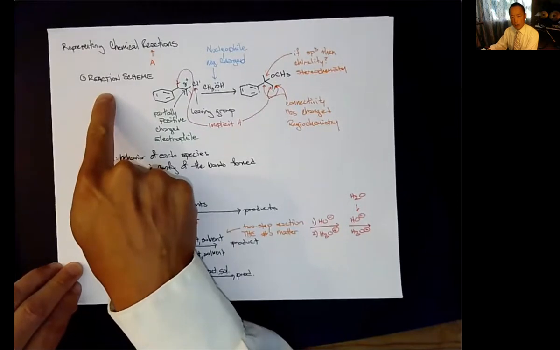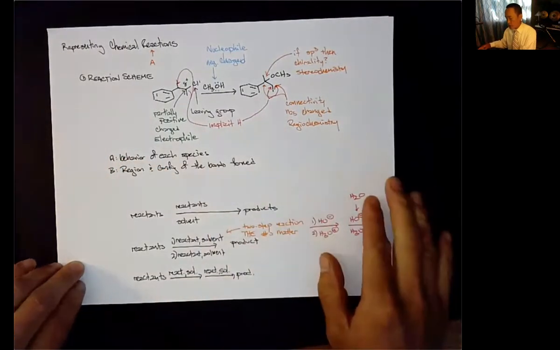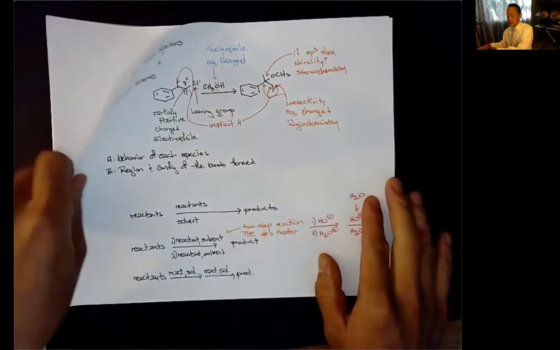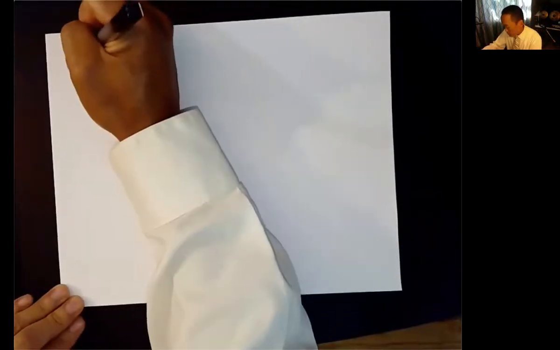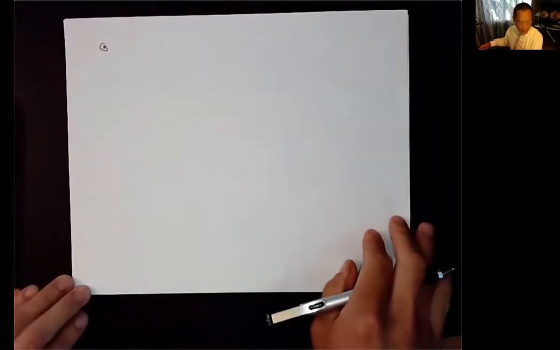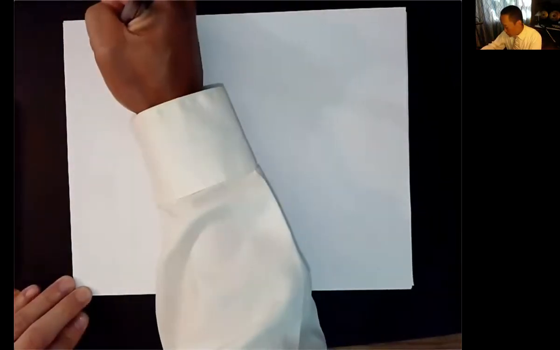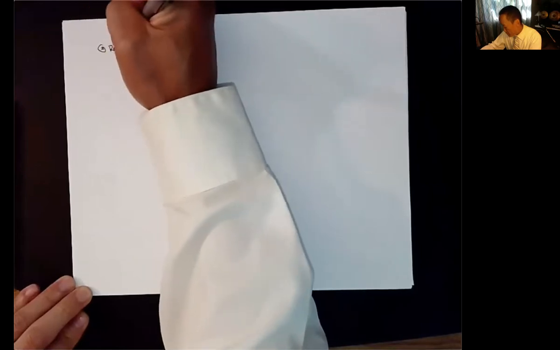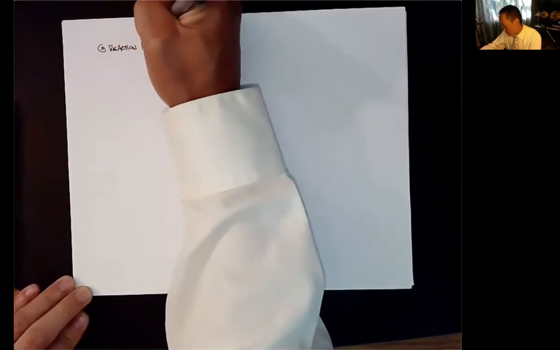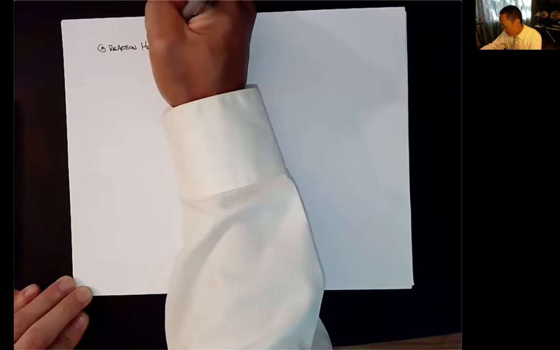So number 1, reaction scheme. We talked about how we can represent a reaction using a reaction scheme. Then number 2: reaction mechanism. And so what is the reaction mechanism?